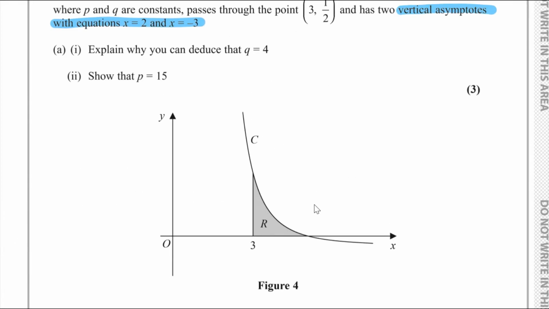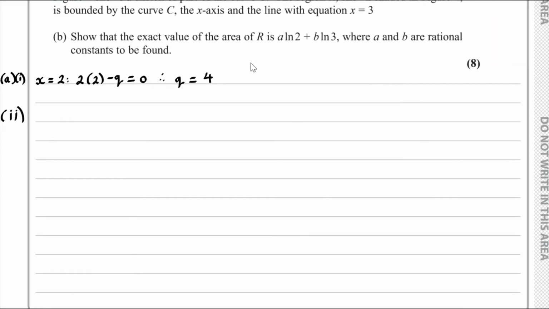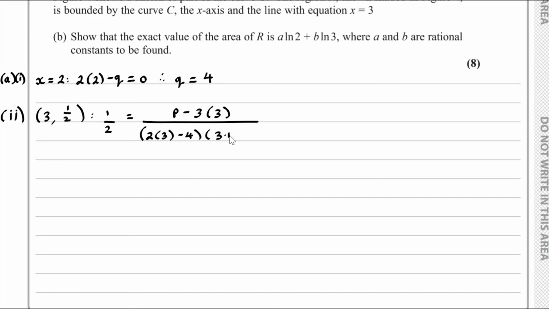And now for the next part, we have to show that p is equal to 15. Well, all we can do over here is substitute into this equation over here. So if we consider this coordinate of 3 and 1/2, we have over here 1/2 equals p minus 3 lots of 3 over 2 lots of 3 minus 4 lots of 3 plus 3.